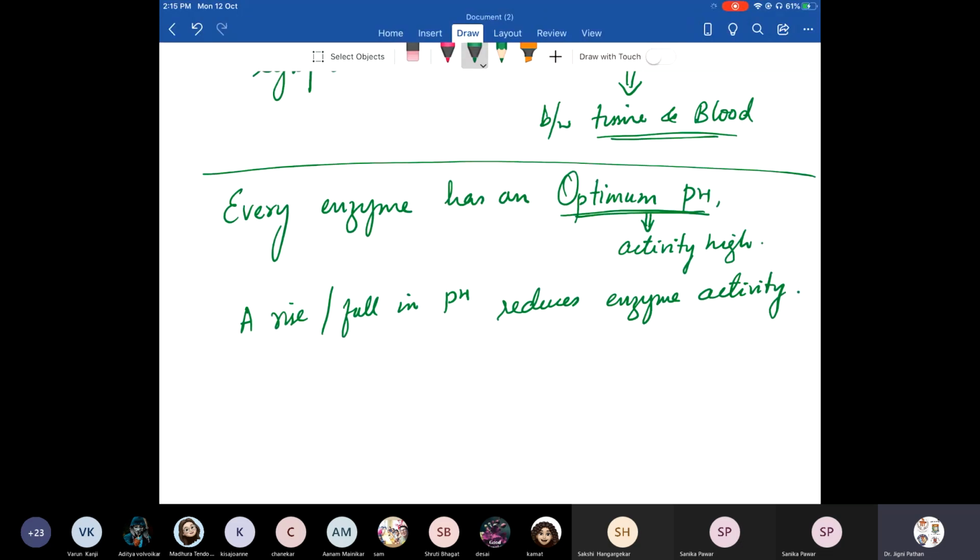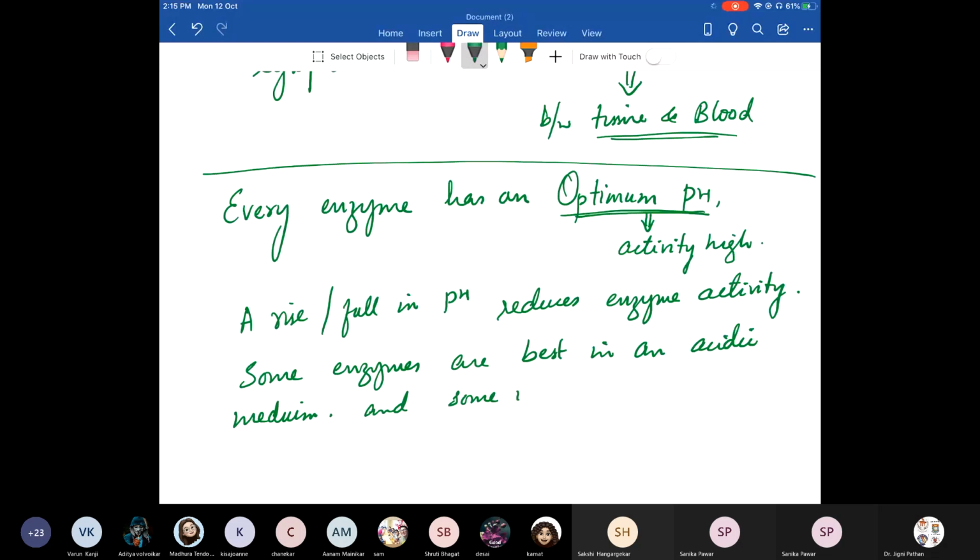Some enzymes are best in an acidic medium, and some in alkaline.